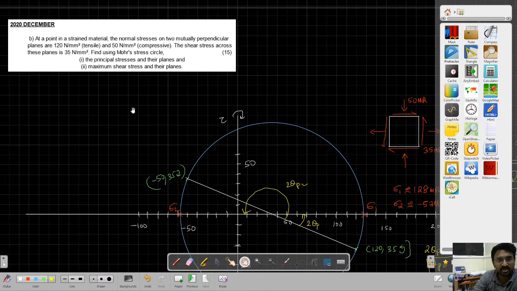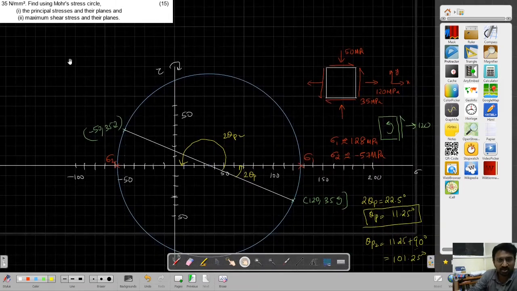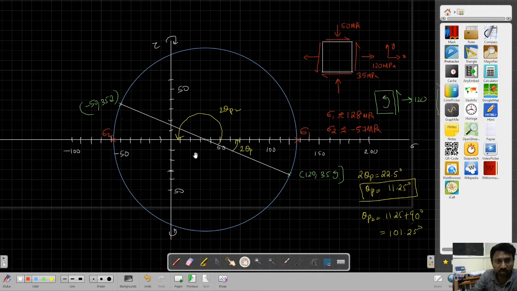Then, maximum shear stress and its plane. If you observe, the point of maximum shear stress can be seen in this circle. The maximum value of shear stress will be at the top and bottom, somewhere here and here. To find that, I have to draw a line here, passing through the center.